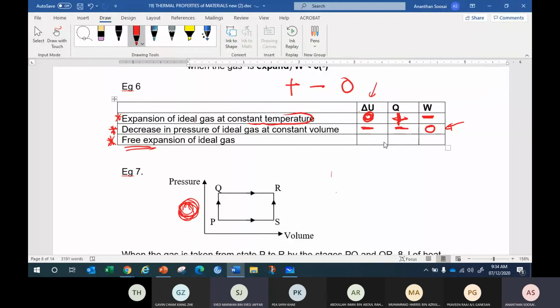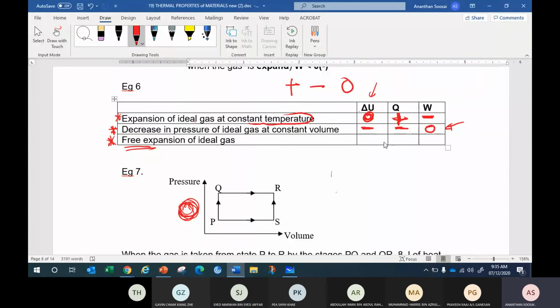Intermolecular force, internal energy. Internal energy is zero. Like your perfume, you open the valve, the gas expands freely. The gas comes out, it just expands freely by act of nature.